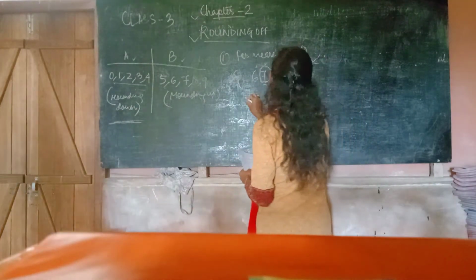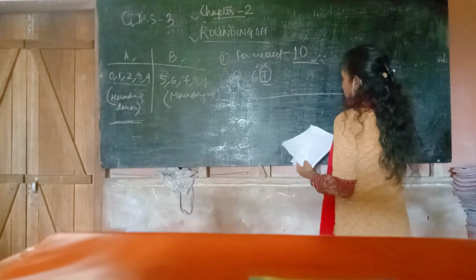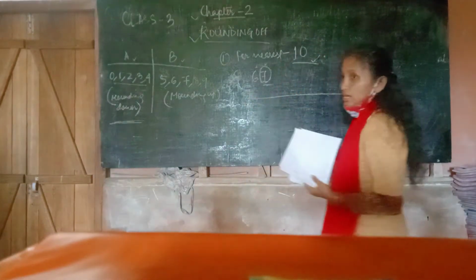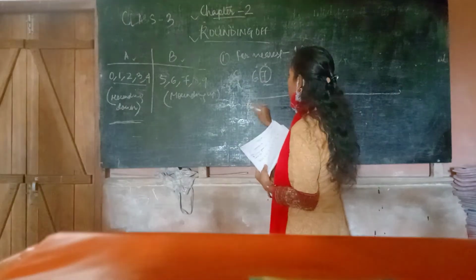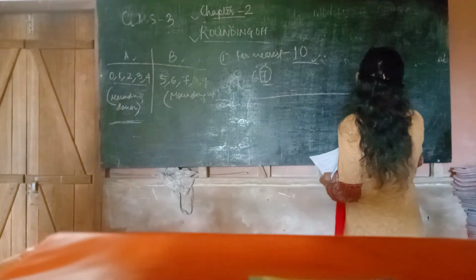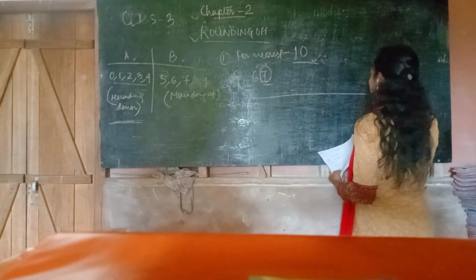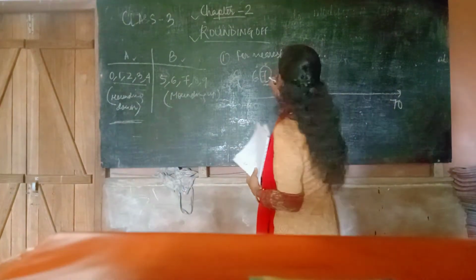So make a line. So 67 lies between 60 to 70. Isn't it? 67 lies between 60 to 70.